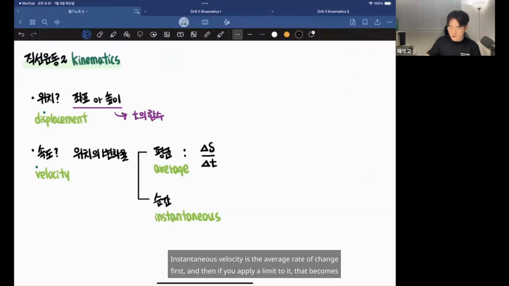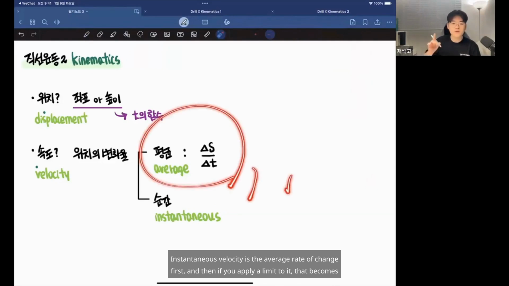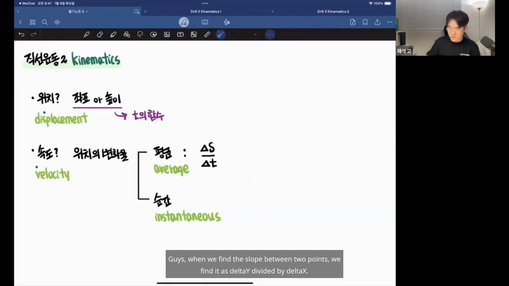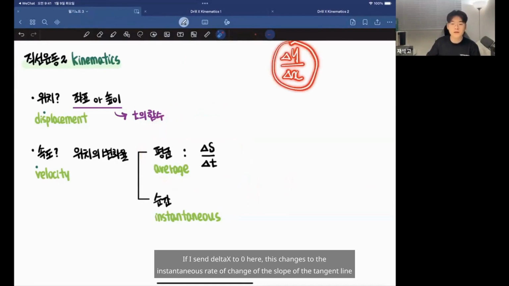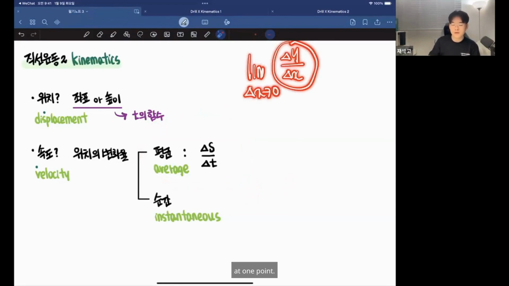Instantaneous velocity is the average rate of change first. And then if you apply a limit to it, that becomes the instantaneous rate of change. Guys, when we find the slope between 2 points, we find it as delta y divided by delta x. This is the slope between 2 points. If I send delta x to 0 here, this changes to the instantaneous rate of change, the slope of the tangent line at 1 point. Right.